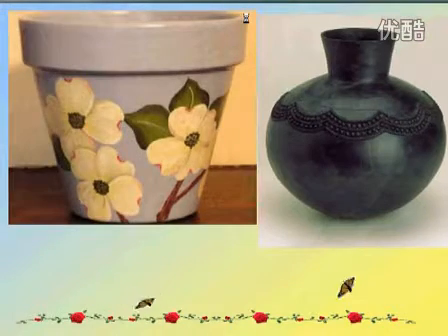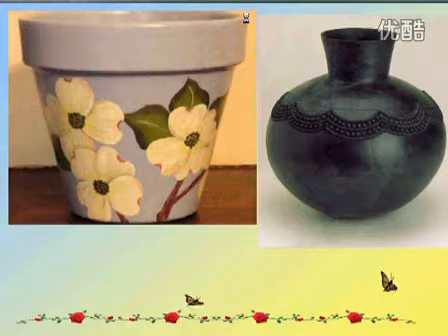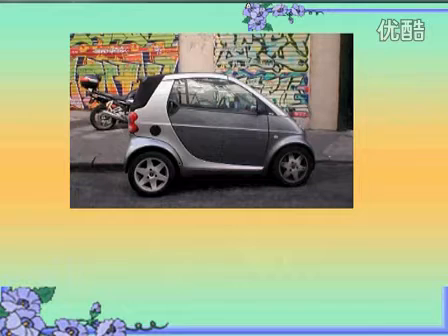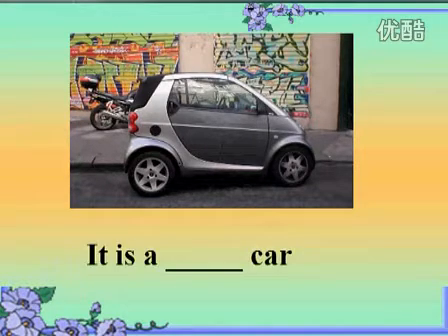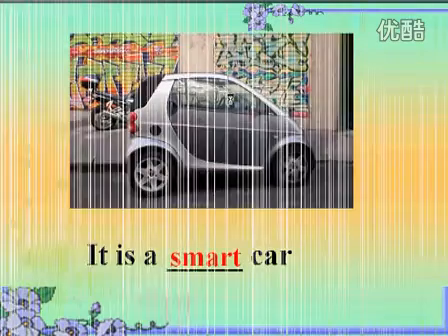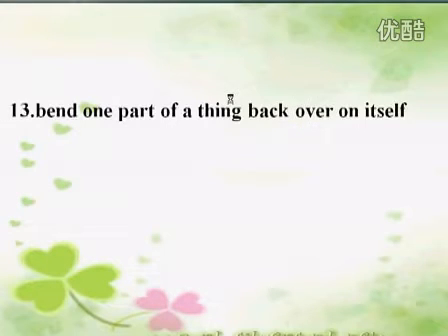Now this picture is a pot. And let's look at this picture. We can see it's a car. What kind of car? Maybe it's a smart car. Now look at it. Turn one part of a thing back over on itself. Maybe fold.